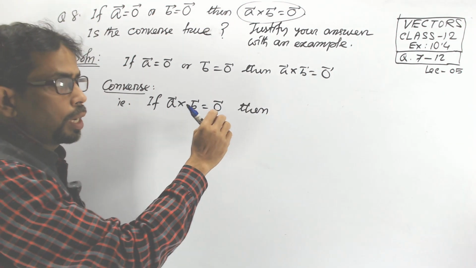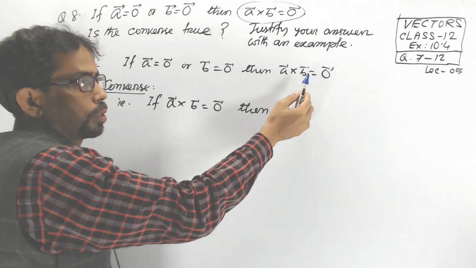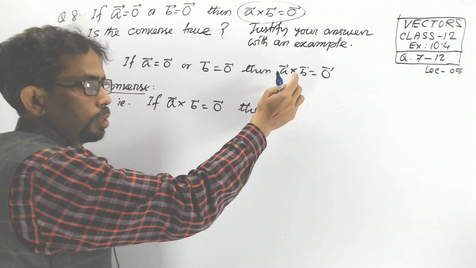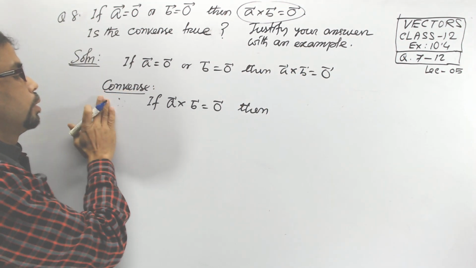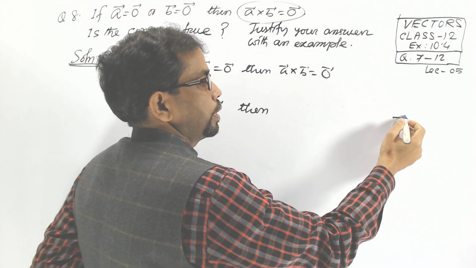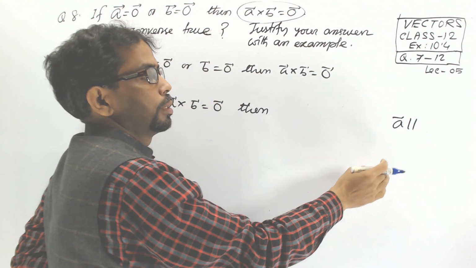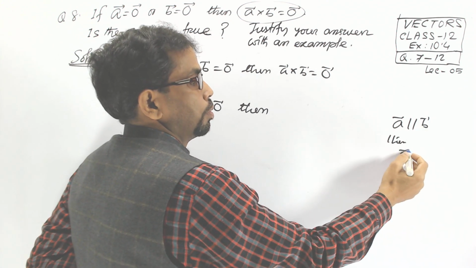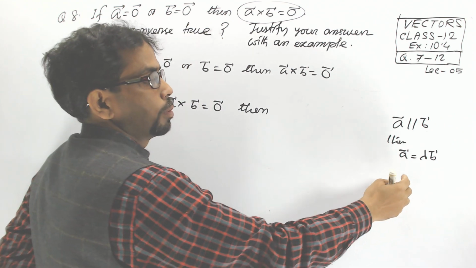Now we are asked about the converse, whether the converse will be true or not. The converse means: if the cross product is 0, then will vector A be 0 or vector B be 0? The converse is not true, because we have learned that if A and B are collinear or parallel, which mean the same in vectors, then one is a scalar multiple of the other, maybe twice, maybe thrice, maybe a negative multiple.